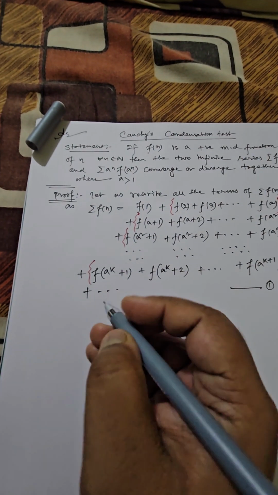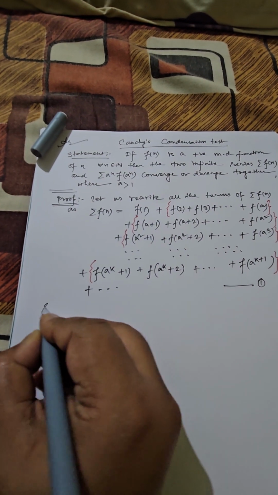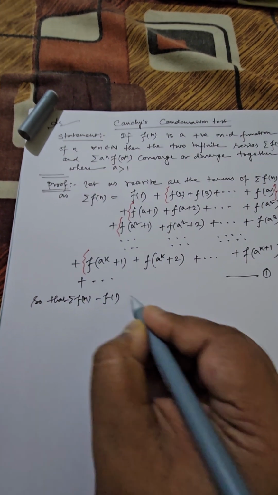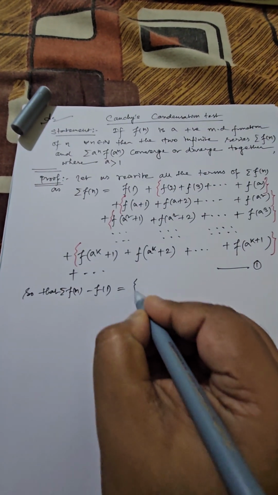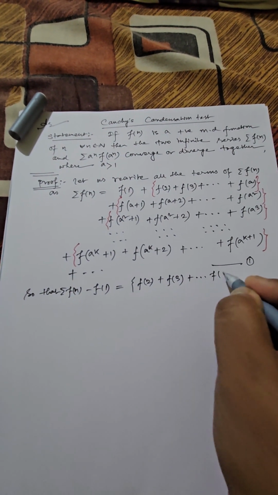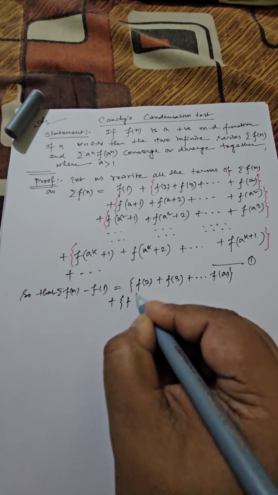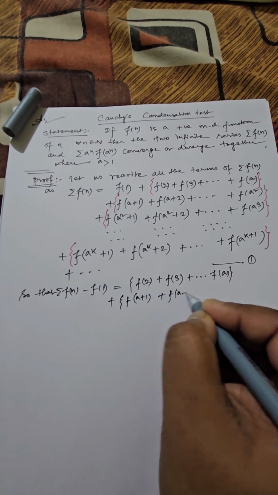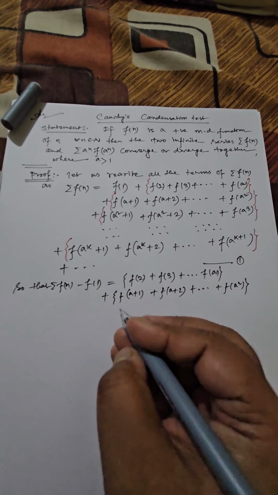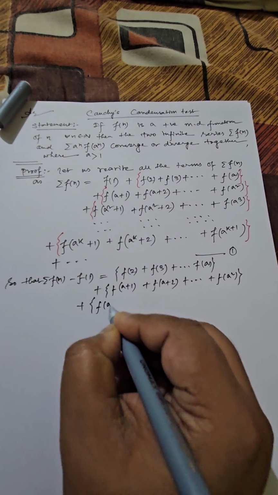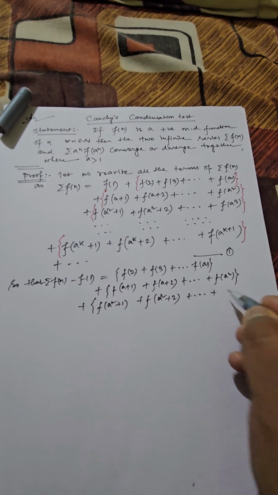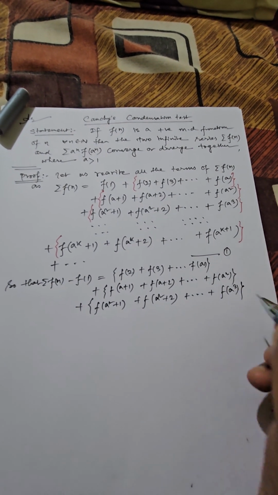Now you can see summation f(n) minus f of 1, this entire part will be given by this part plus f of a plus 1, f of a plus 2, plus dot dot dot f of a square, and then also you can write f of a square plus 1, f of a square plus 2, continuing in this way, f of a cube and so on.